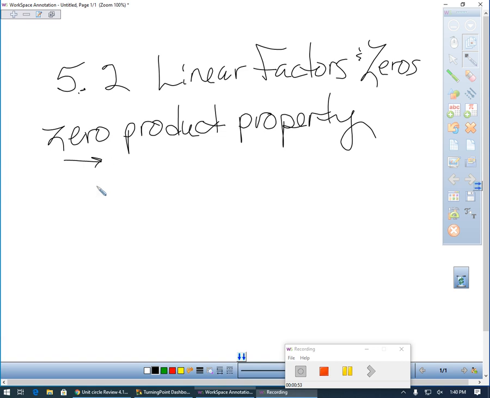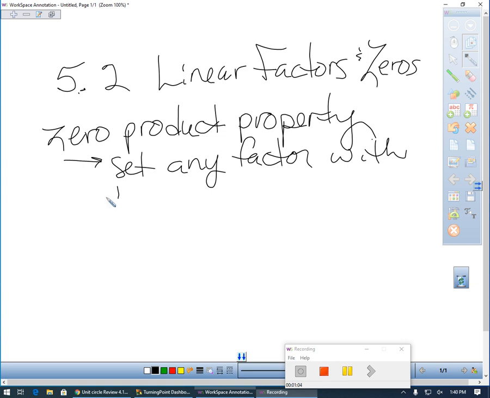And in that zero product property, it says to set any factor with a variable equal to 0 and solve.